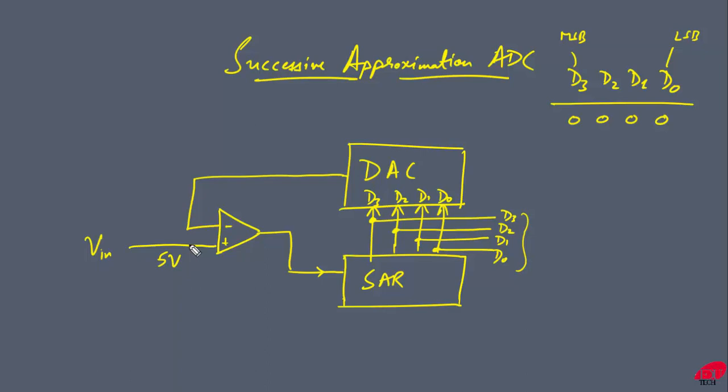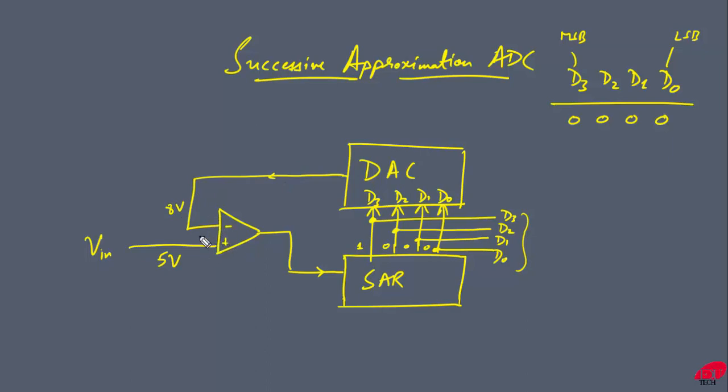The successive approximation register will make the MSB bit 1 and keep the rest as they are. Making the MSB 1 generates an 8 volt signal at the output of the digital to analog converter. So now the comparator will compare.